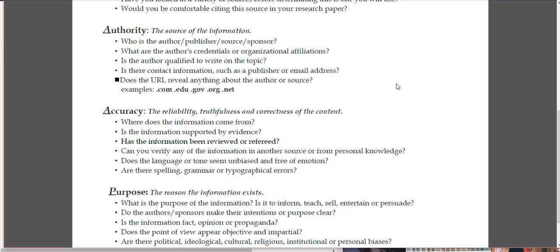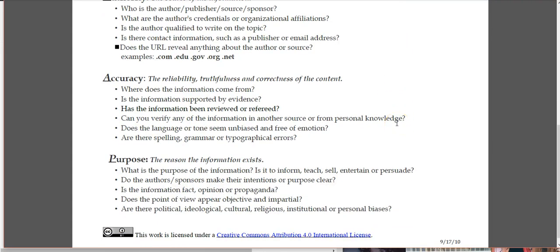Now, the lines are blurred a little bit between those, and a nonprofit could purchase a .com. So we can't just look at the URLs, but they sometimes are a good indication whether the resource could be authoritative.